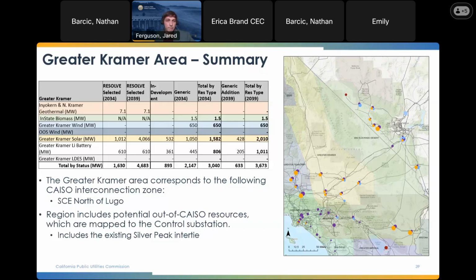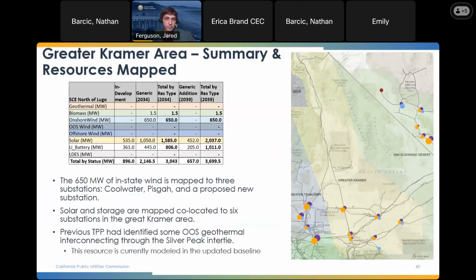Next slide. In the greater Kramer area, we have about 650 megawatts of in-state wind, and roughly by 2039, 2 gigawatts of solar and 1 gigawatt of storage mapped to 6 substations throughout the greater Kramer area. Next slide.